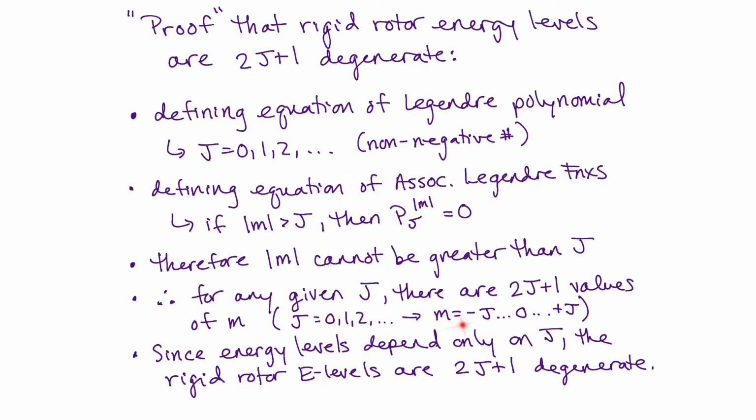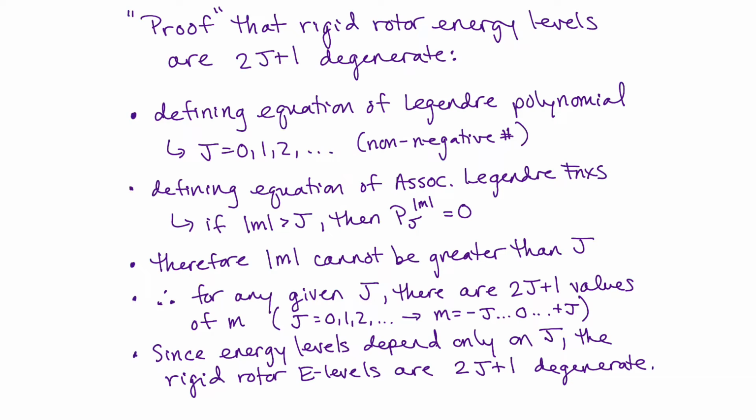Okay, and remember our m can take on positive and negative values as well as 0. So for any j that we have, our possible m values, remember because we're looking at the absolute value, we can have both negative and positive values, including our 0. So that's what gives us that 2j plus 1 value.